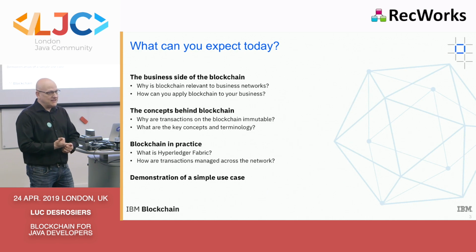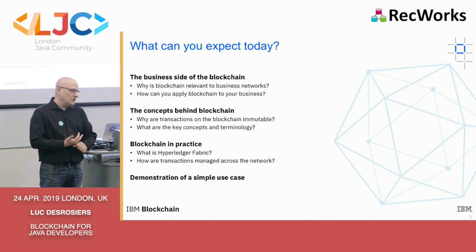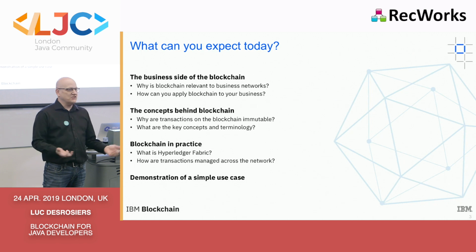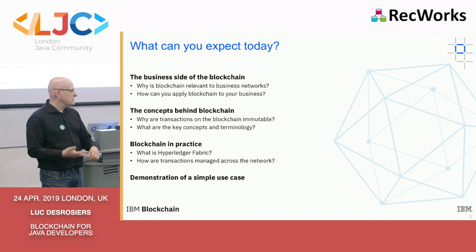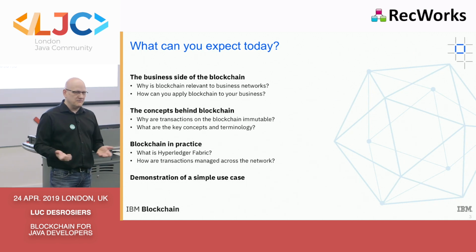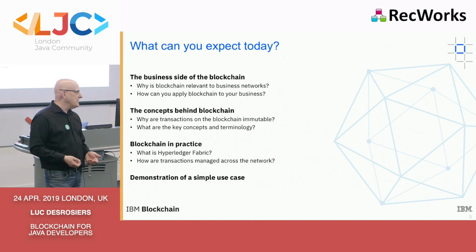It's going to be about blockchain in the enterprise. Where does it fit? How can we use it? What are the concepts behind it? Then I'll take you through the mumbo jumbo behind blockchain. We hear about hash chains, blockchain, Merkle trees, all these things, but what do they mean? How do we apply them in practice?